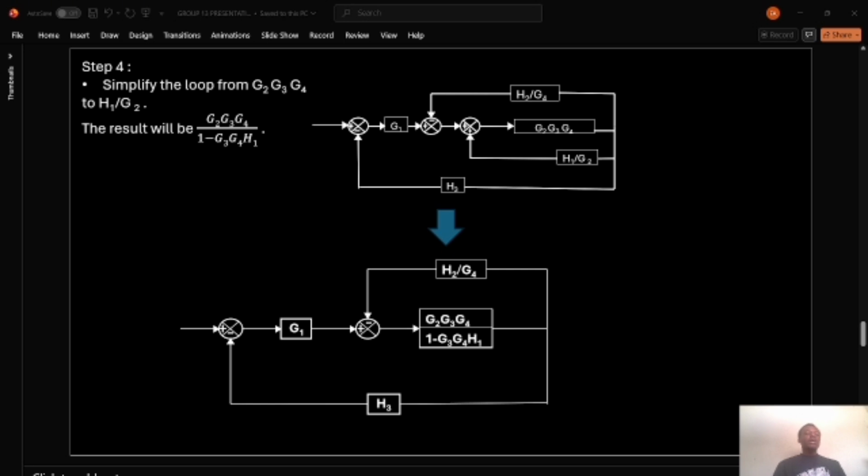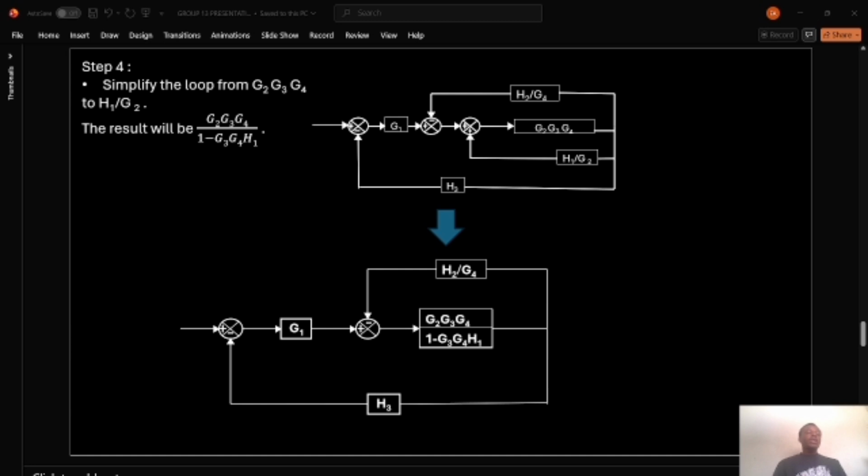Since the loop is negative feedback, we use G over 1 minus GH. So the equivalent transfer function of that loop becomes G2G3G4 over 1 minus G3G4H1. You notice that G2 is not inside the feedback path, so only G3G4H1 appears in the denominator.